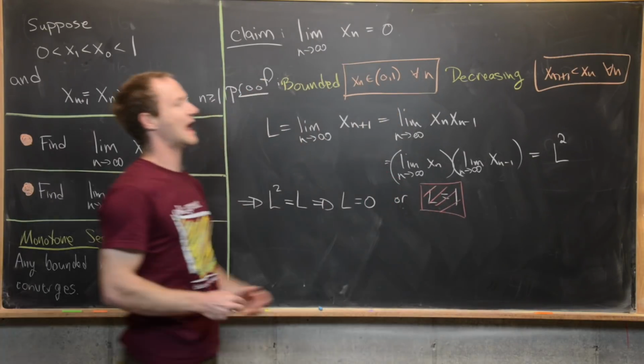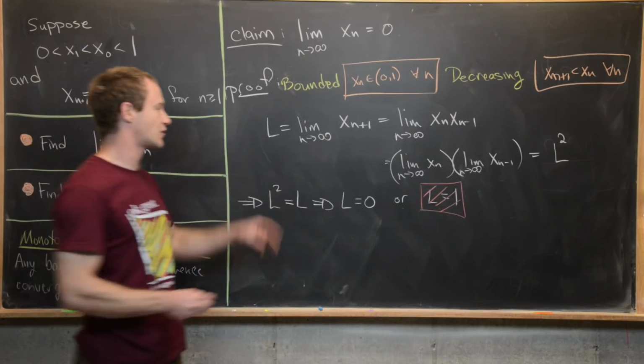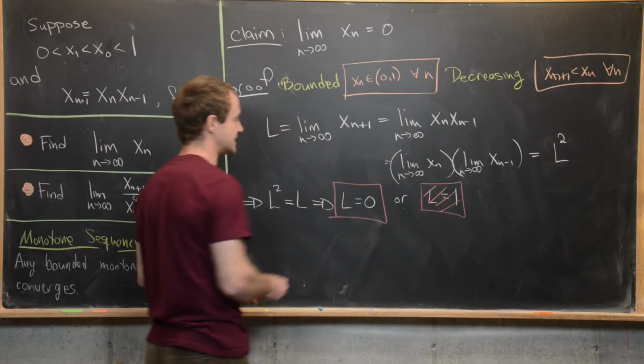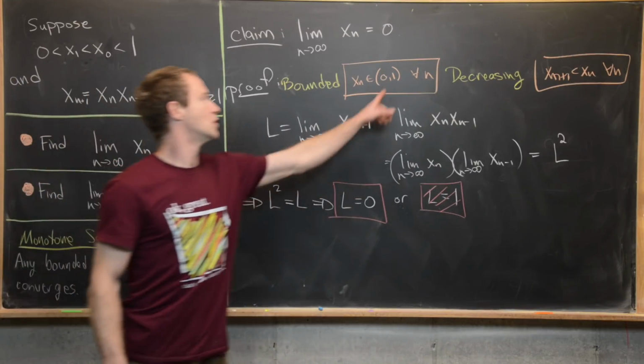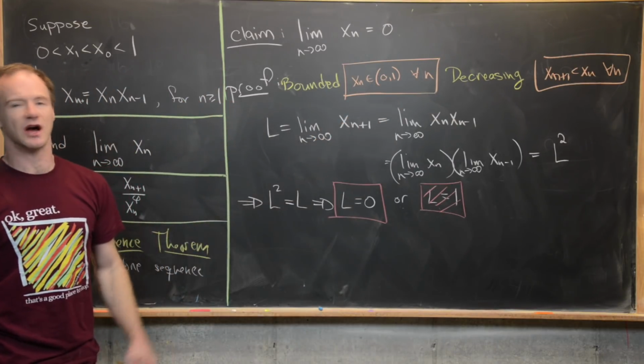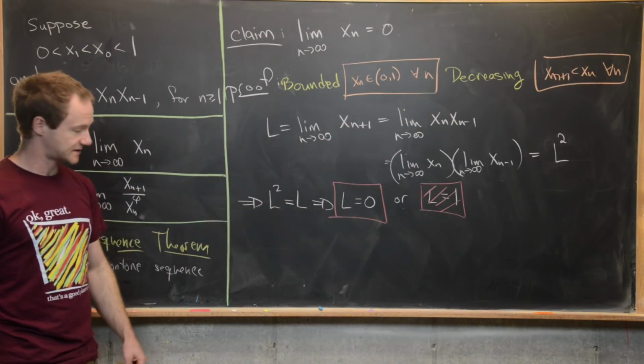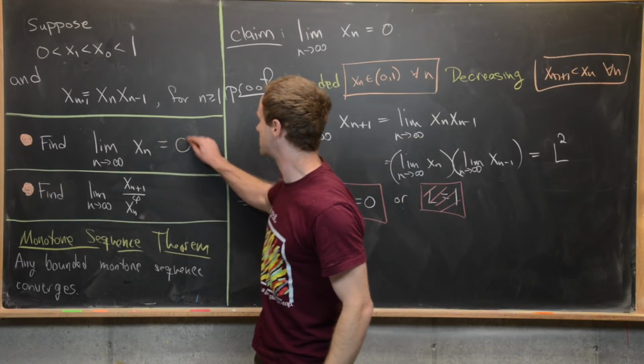Because of the behavior of our sequence, we are decreasing towards this value L equals 0, which is at the lower edge of our bounding region. So we're done calculating the limit of this sequence, which is 0.